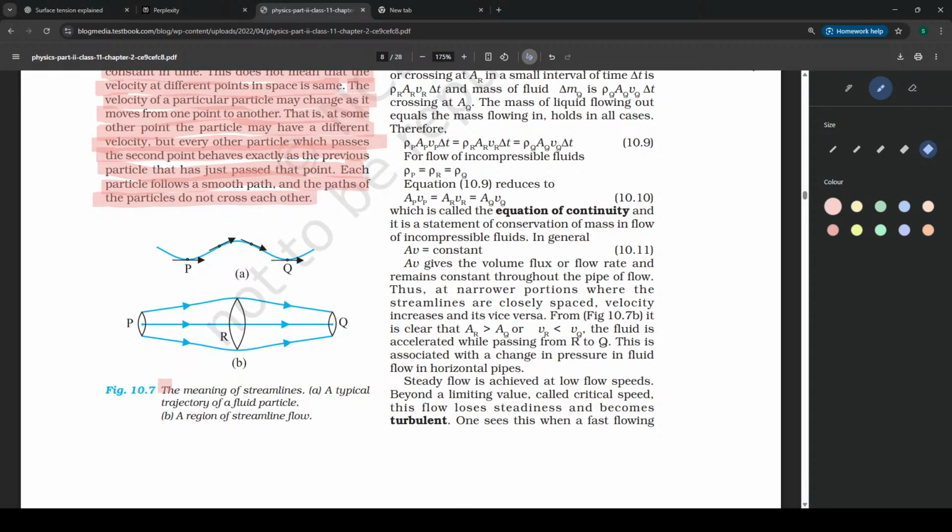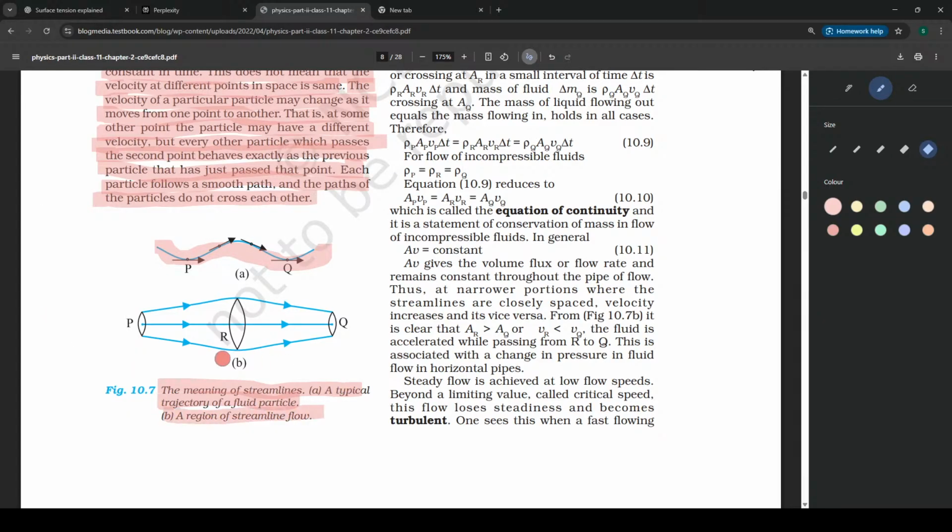The meaning of streamlines: a typical trajectory of a fluid particle. This is the typical trajectory of a fluid particle. It goes like this, and like this.